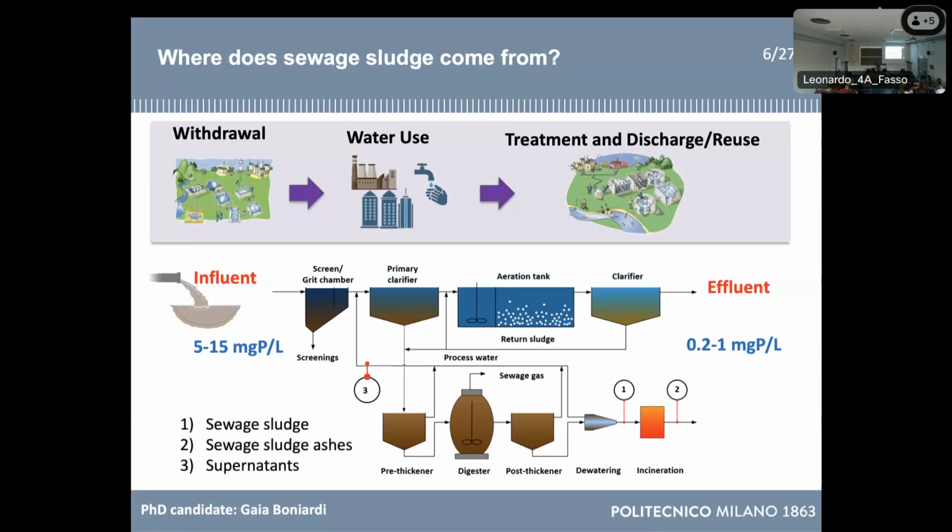We can recover phosphorus from different locations. For instance, we can recover phosphorus after the dewatering unit, which is a unit dedicated to the reduction of the water content in the sludge, or we can recover phosphorus after the incineration, or after the dewatering unit from the liquid fraction, so from the supernatants.